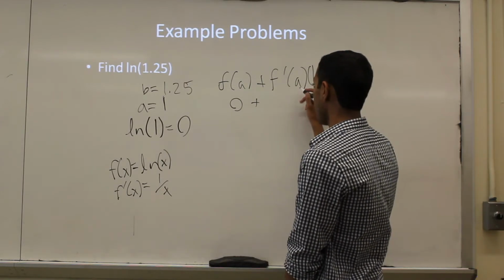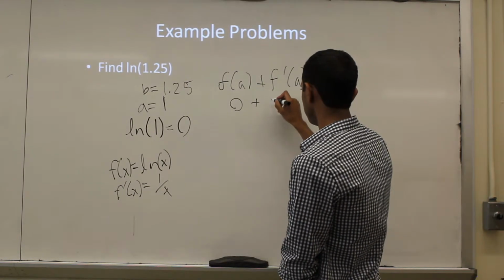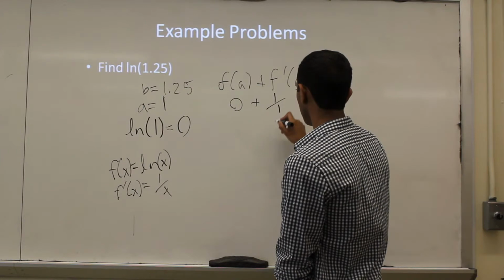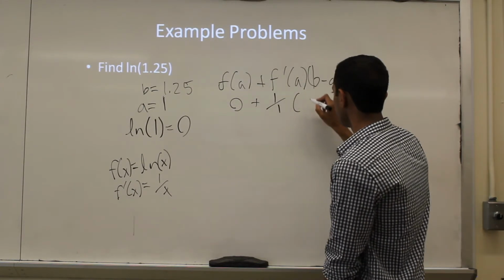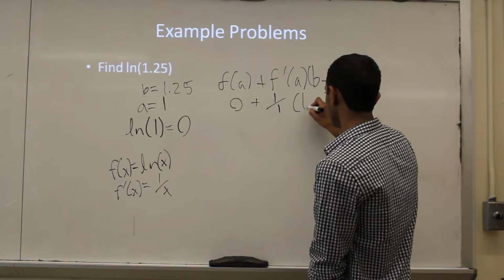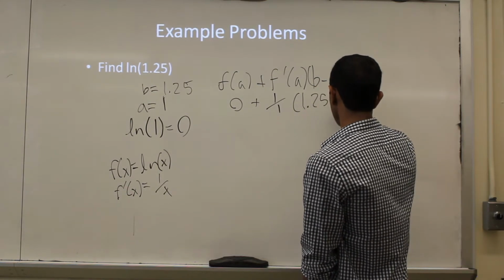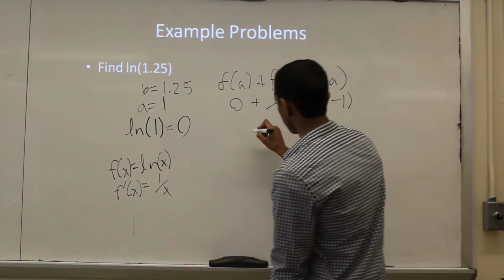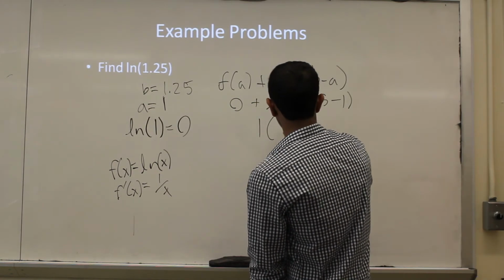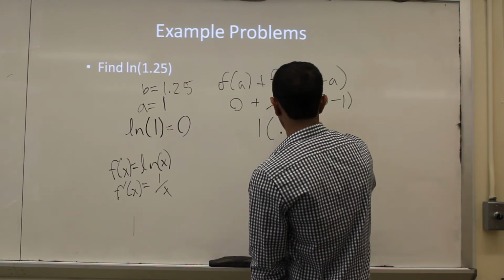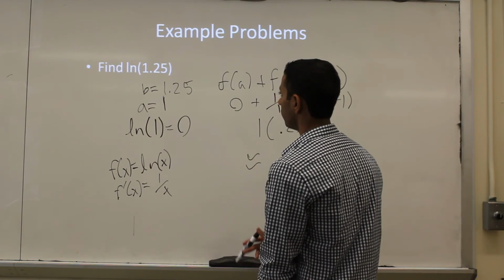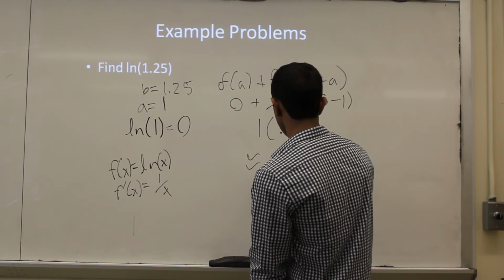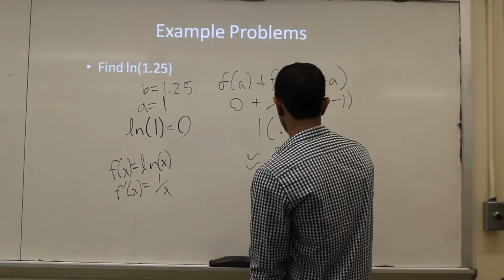So the derivative at a, which equals 1, would be 1 over 1, which is just 1, and then times b minus a. Well, b is 1.25, we already assigned it, and a is 1. So simplifying that out, we have 1 times 0.25. So your final answer is that the natural log of 1.25 is about 0.25.